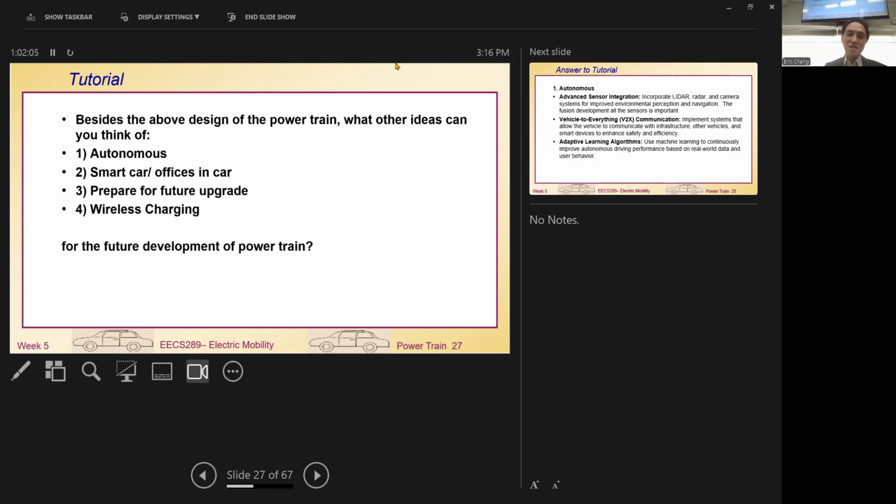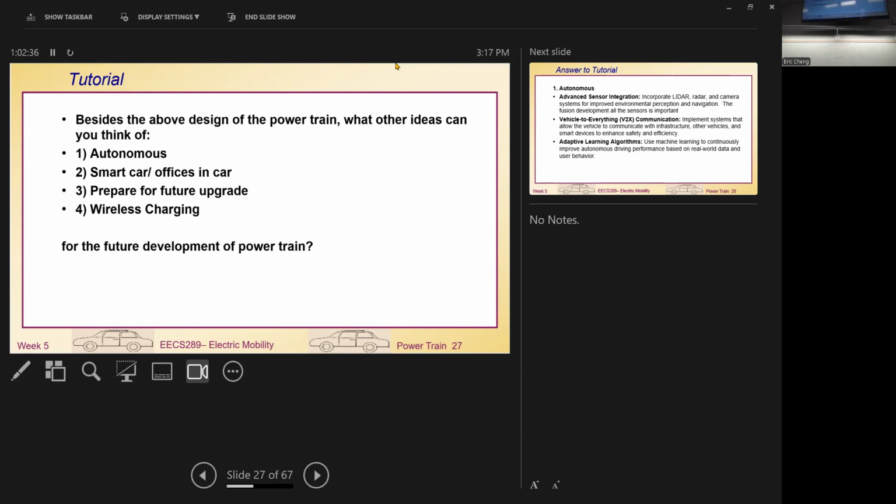We now have an autonomous vehicle, so we need to look into how autonomous vehicles can modify the powertrain design. And in the future we may have the smart office, smart car. In the future vehicle, when you have autonomy, your vehicle can be your mobile office.